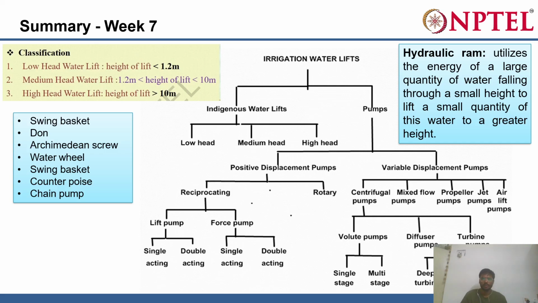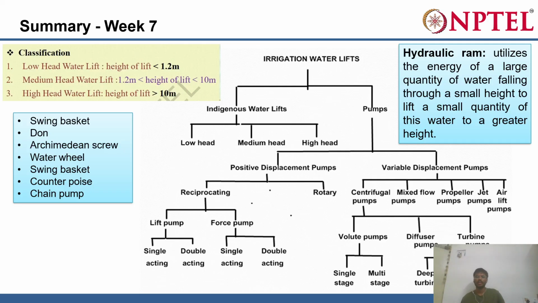Now, you have certain indigenous water lifts and you have pumping devices. Indigenous water lifts are manually operated, animal operated, and certain power operated. In power, you also have electric power, solar power, and certain mechanical power.